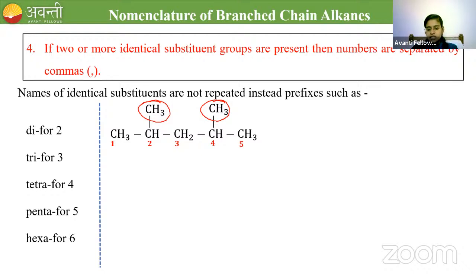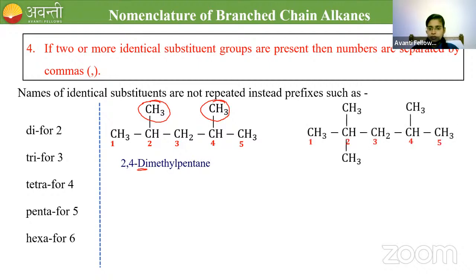It is named as 2,4 dimethyl pentane. You don't have to call this compound as 2-methyl, 4-methyl. Instead of repeating the methyl, use di. Okay, 2,4 dimethyl pentane. Very good. All of you are giving me the answers correctly.